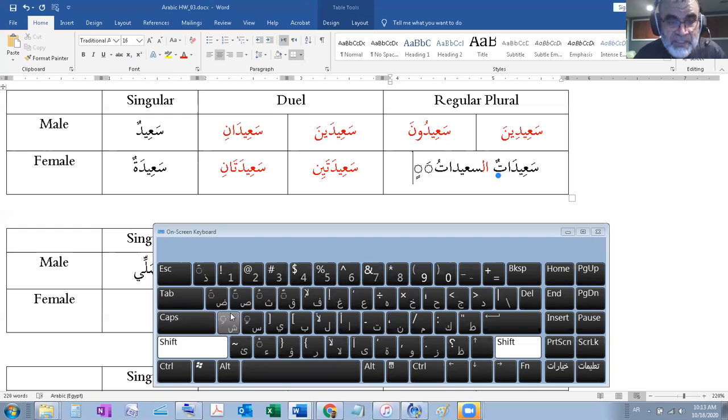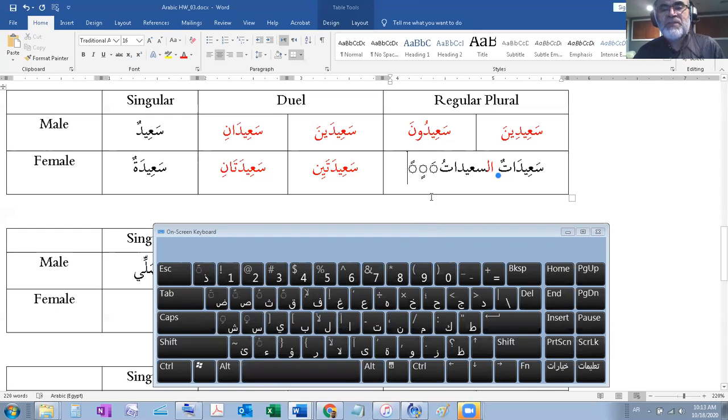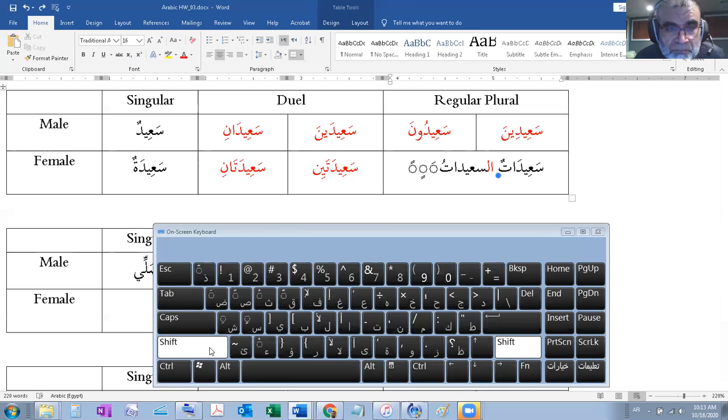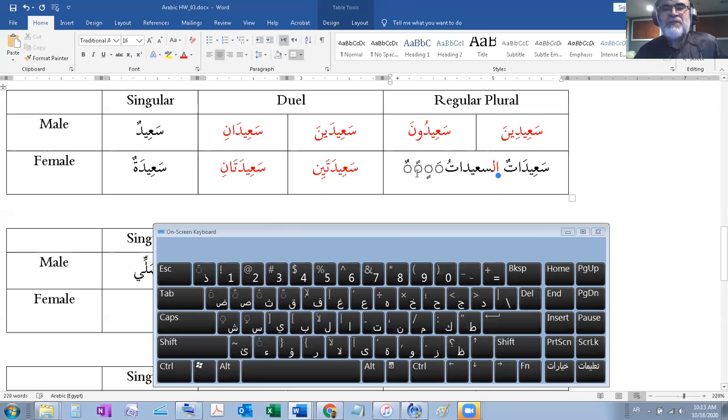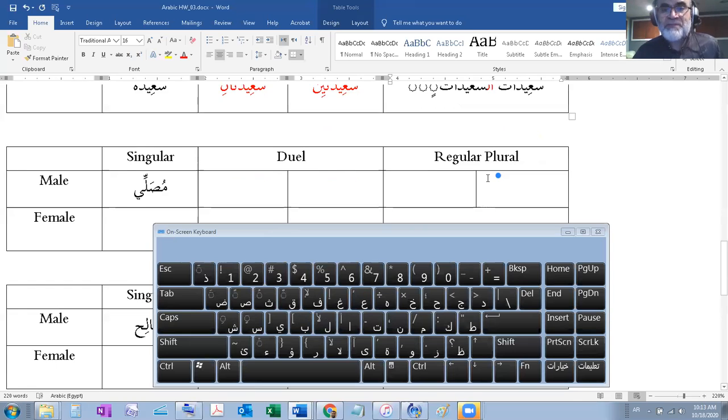We have tanween fatha, which is here. And we have tanween dhamma, which is here. These three kinds of tanween cannot exist if the noun starts with alif lam. Keep that in mind. Okay?